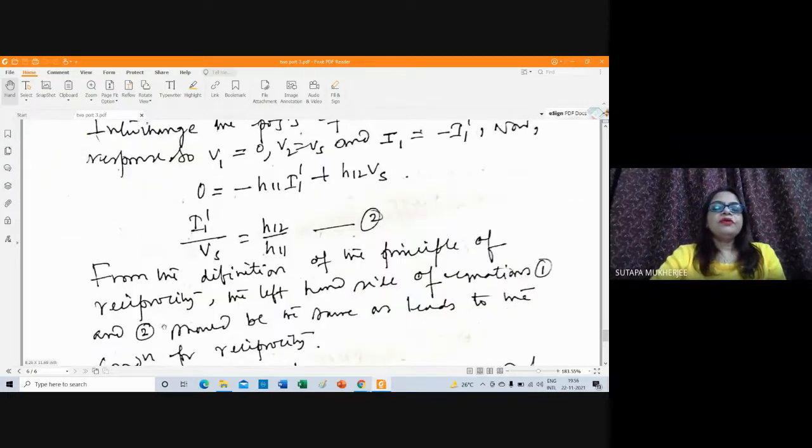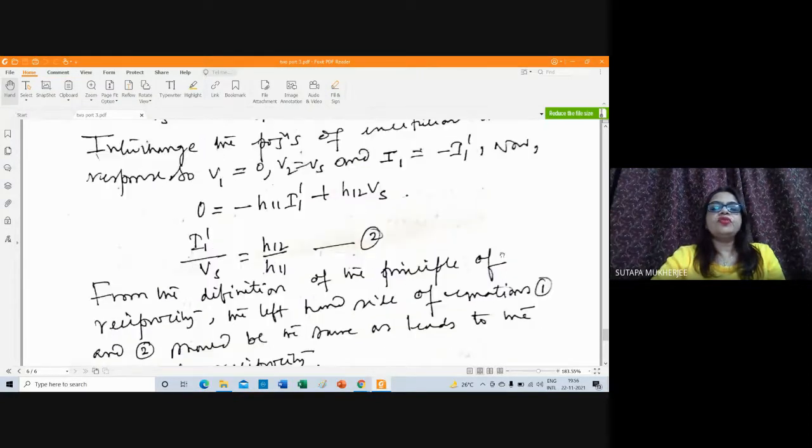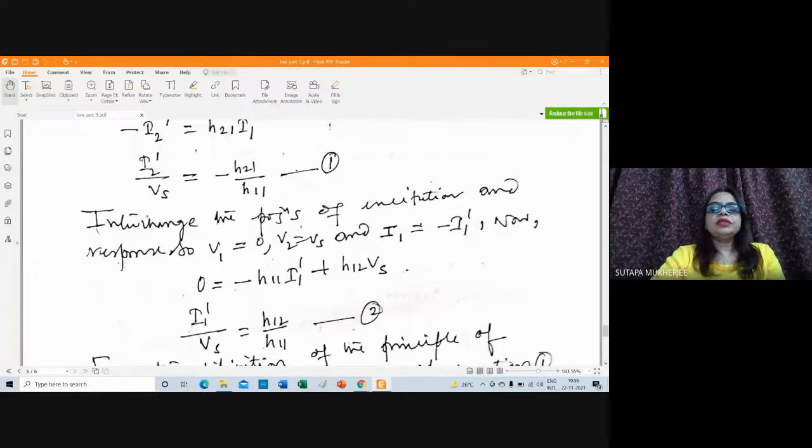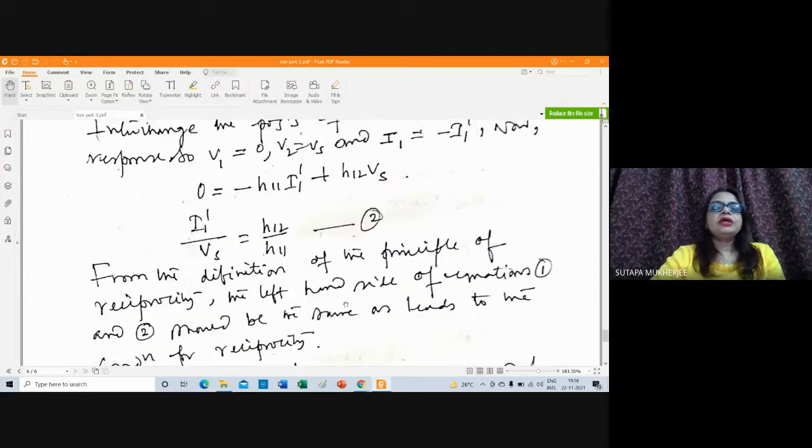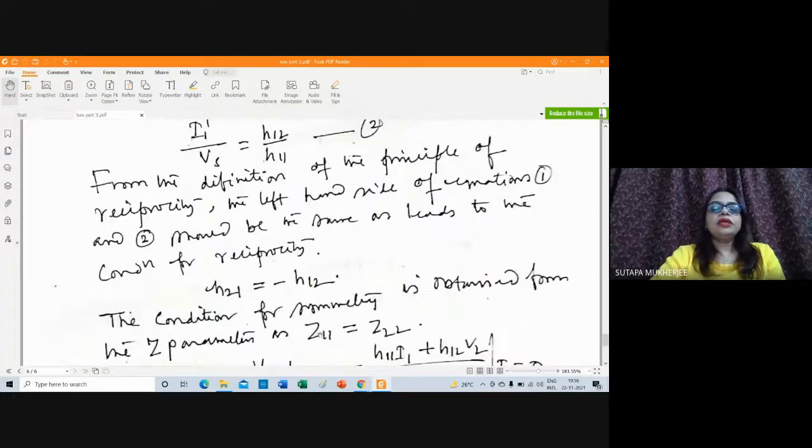From the definition of the principle of reciprocity, the left hand sides of equations 1 and 2 should be the same, which leads to the condition for reciprocity. If you compare these two, you will get H21 equal to minus H12.